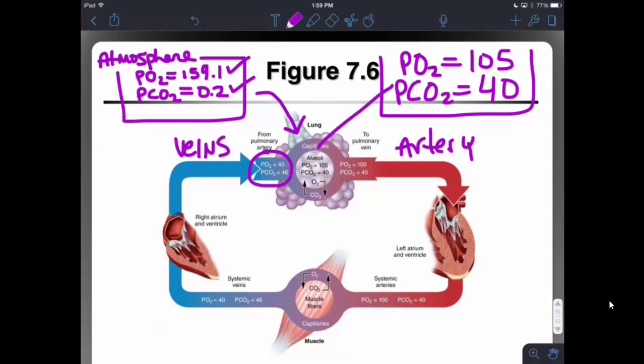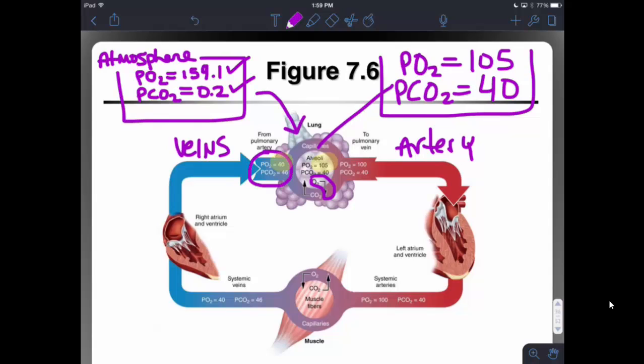If this blood has a PO2 of 40, and the PO2 in the alveoli is 105, and we know that gases are going to move from high to low, then PO2 is higher in the alveoli than in the veins, and therefore oxygen is going to move from the alveoli into the capillaries.